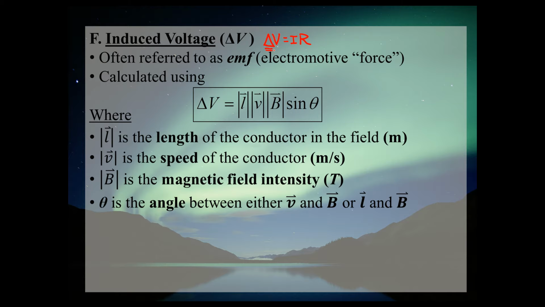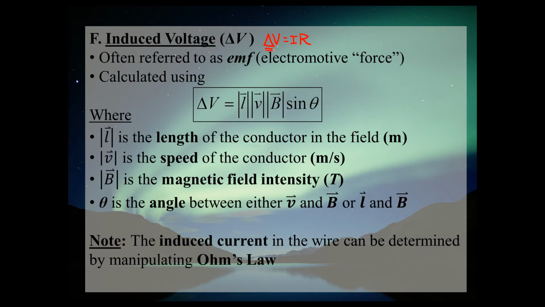It can be the angle between V and B or L and B. If I wanted to figure out how much current is induced in the wire, mathematically, I could simply manipulate Ohm's law. So Ohm's law tells me delta V is I times R. To manipulate for I, divide both sides of the equation by R, and you get your induced current is delta V over R.